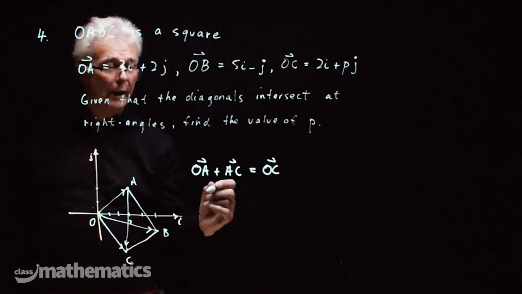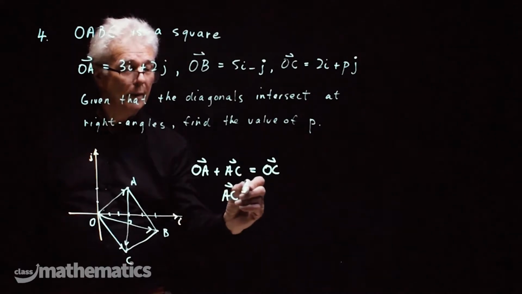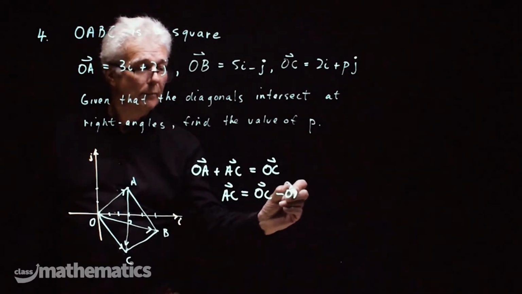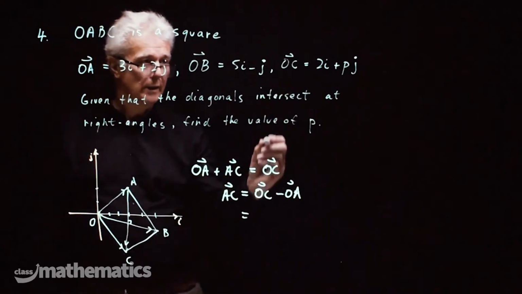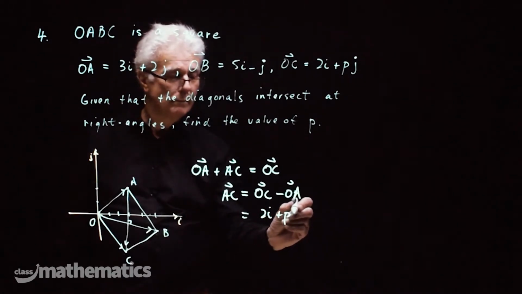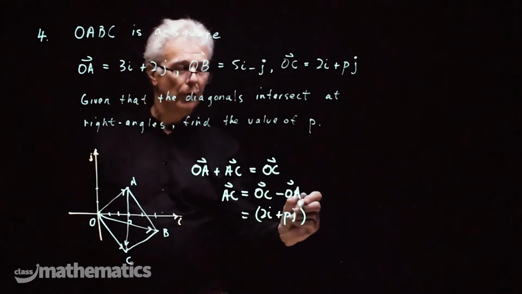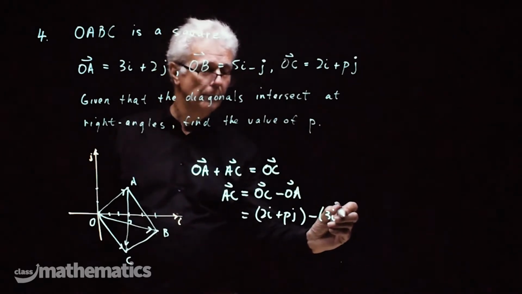Therefore, we can say that AC must be equal to OC minus OA. So what's this OC? OC is 2i plus pj, and OA is 3i plus 2j.